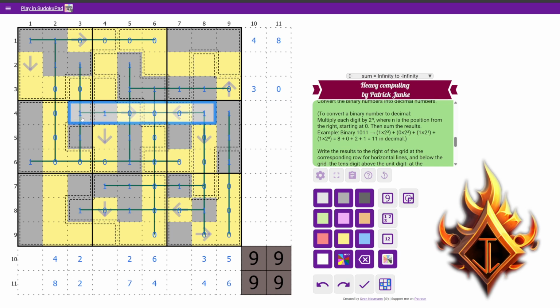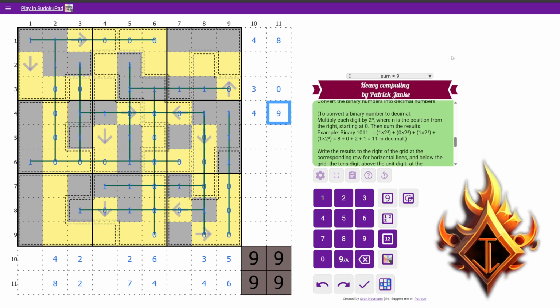This one is 1, 2, 4, 8, 16, and 32. 48 plus 1 is 49.